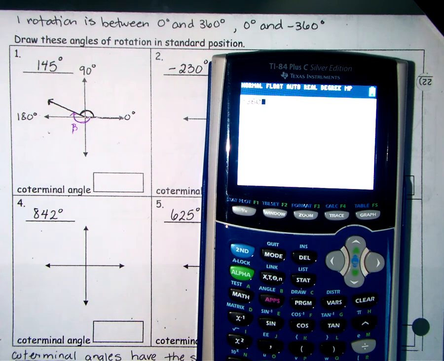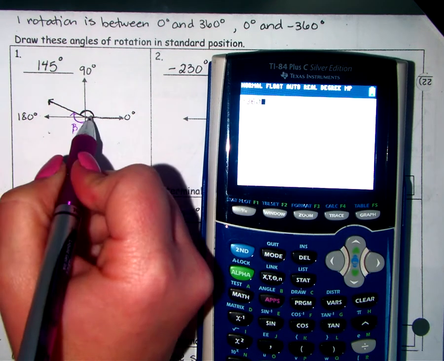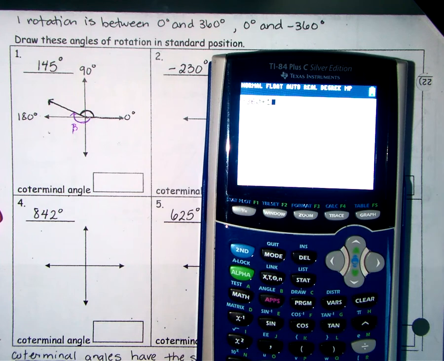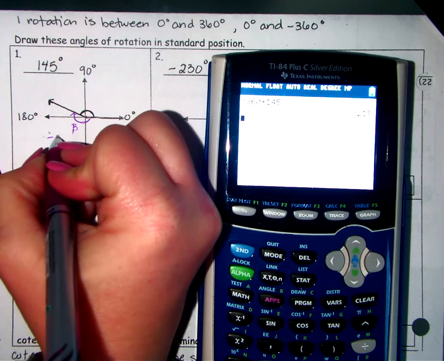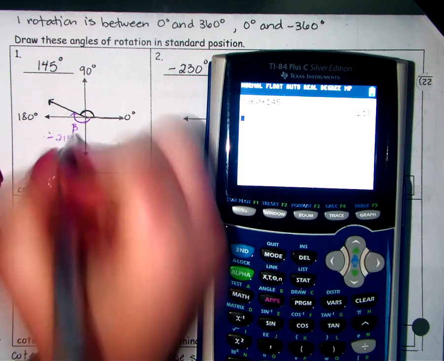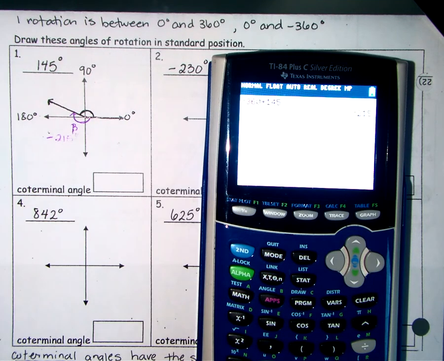That would go all the way to the line, but then I have to backtrack, so I need to re-add that 145. So a coterminal angle would be this negative 215 degrees, coterminal to the one I'm currently at.